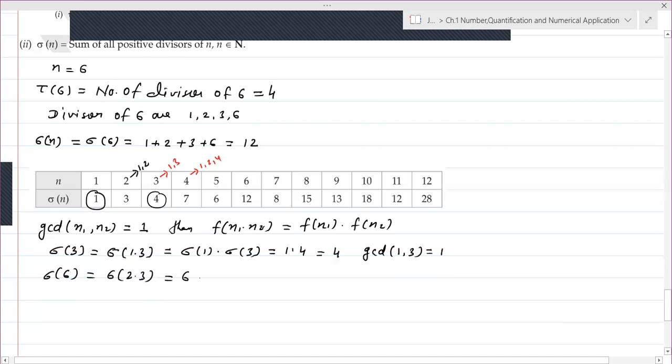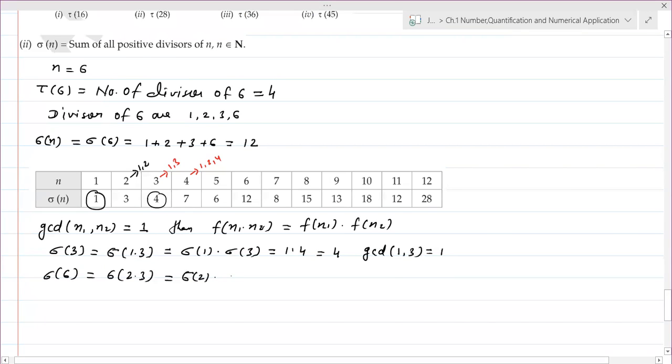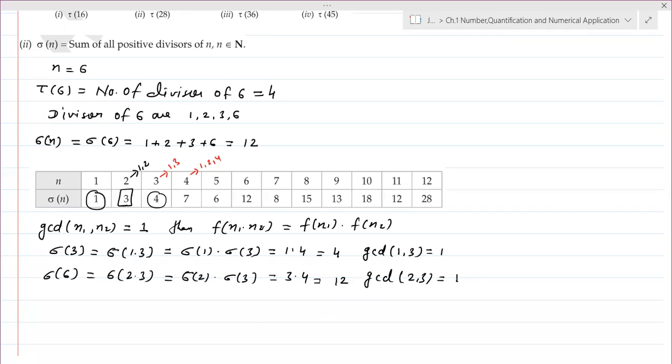So we write sigma 6 as sigma 2 and sigma 3. The value of sigma 2 is 3 and the value of sigma 3 is 4, so it will be 12. And when we find the GCD, the GCD of 2 and 3 is 1, because there is no common number other than 1 that will divide 2 and 3.